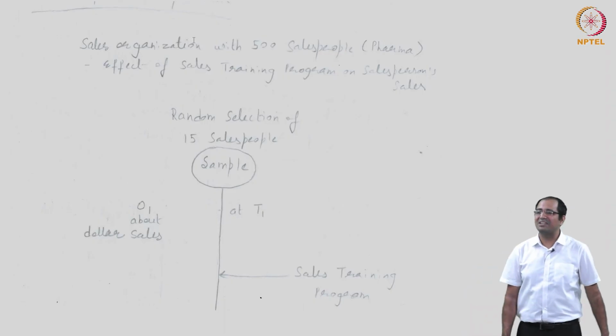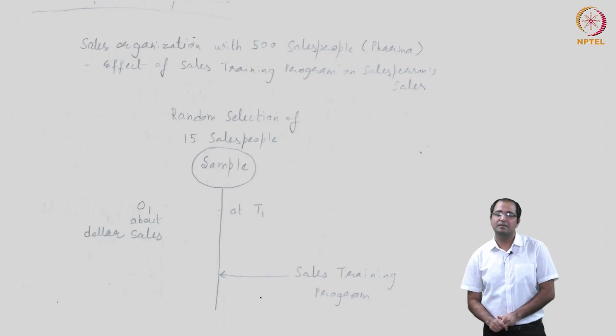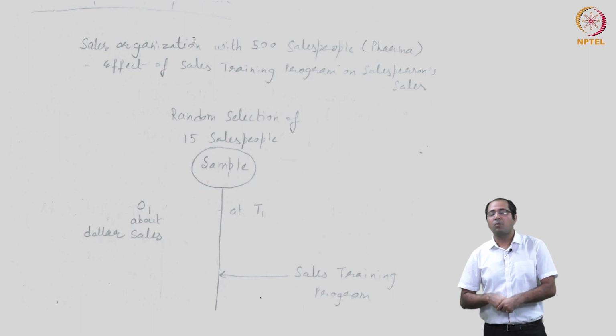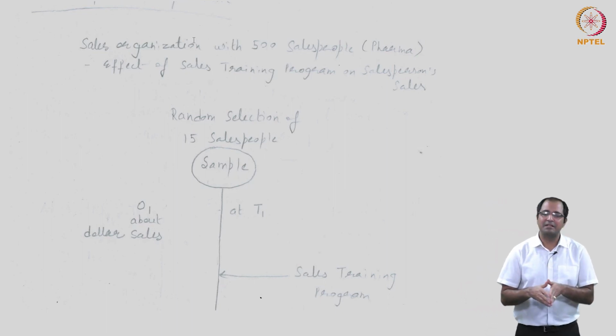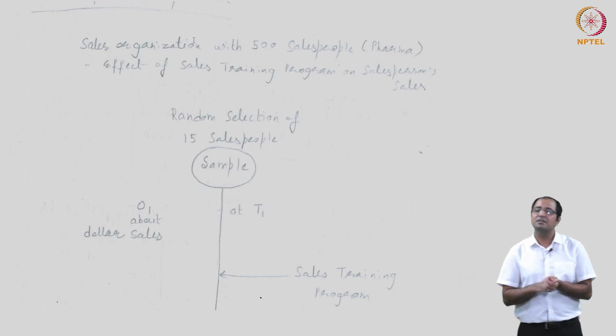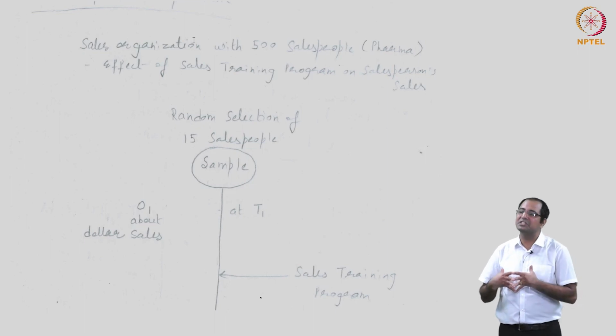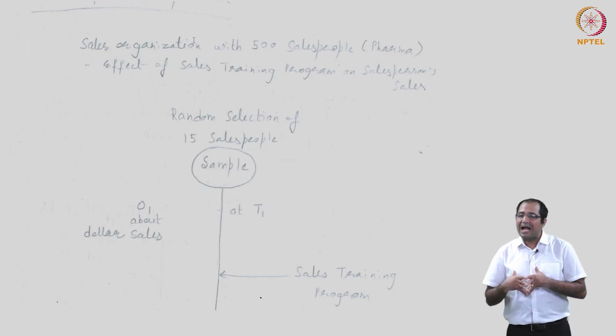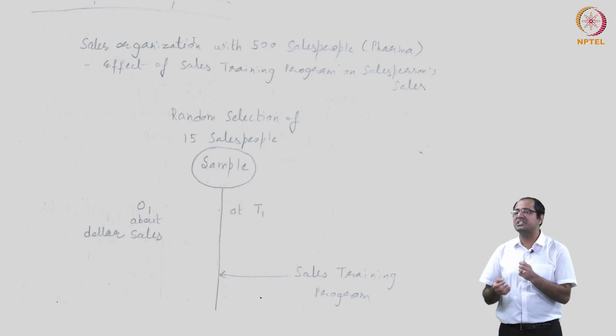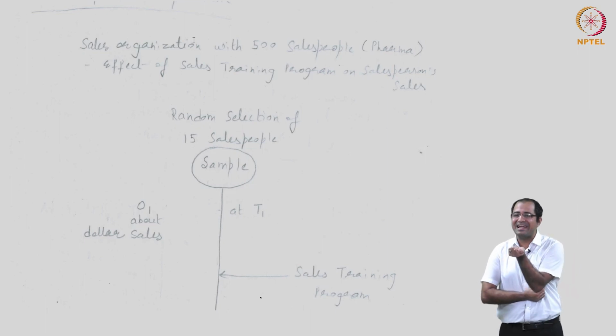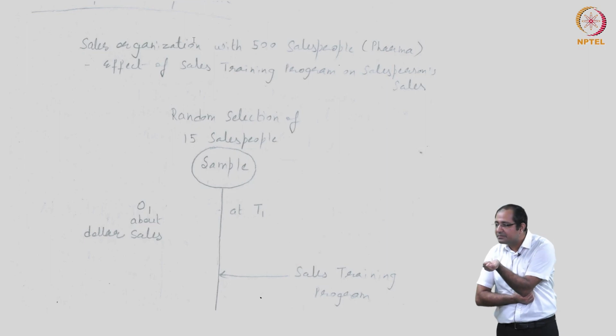Let's look at one simple experiment and see what to do and what not to do in an experiment. We'll be reading about many experiments, but just to get started, we will look at this one. There is a sales organization which has about 500 pharma salespeople, and they want to know whether a particular sales training program would impact sales performance.